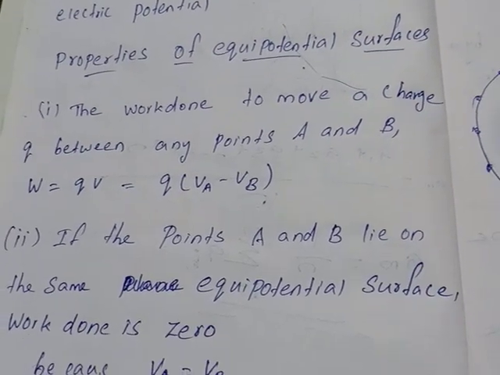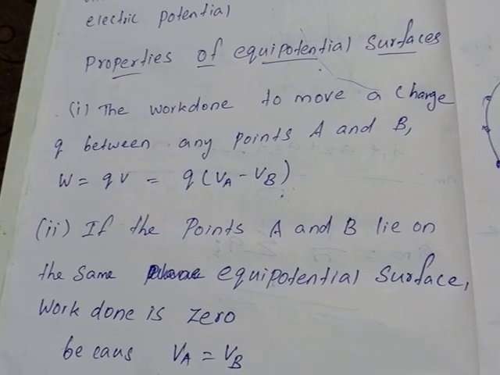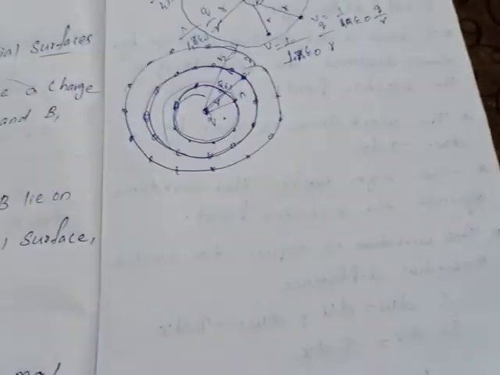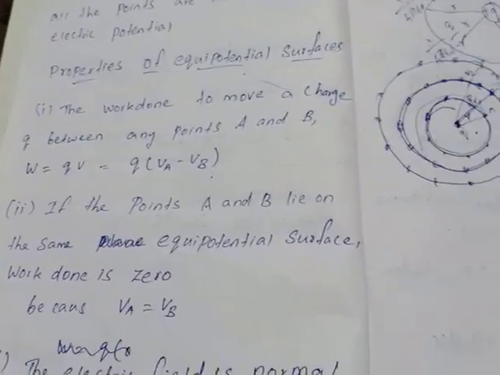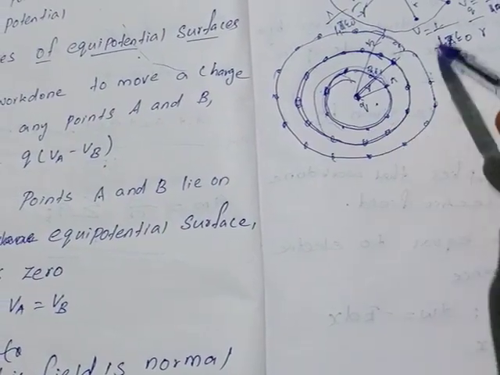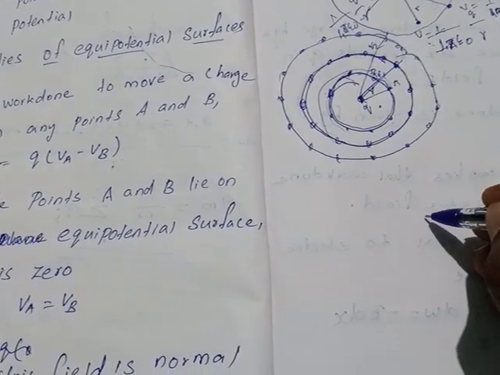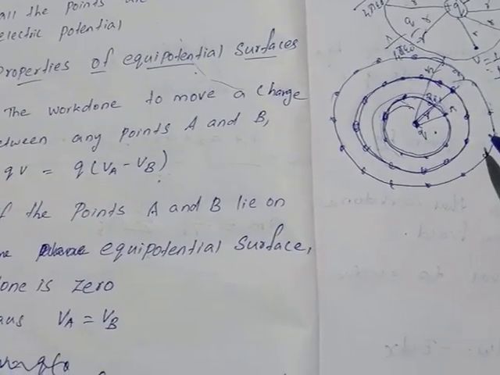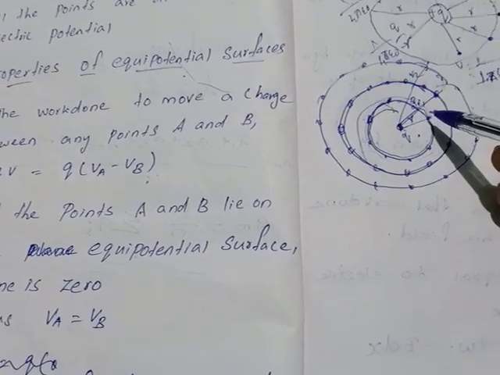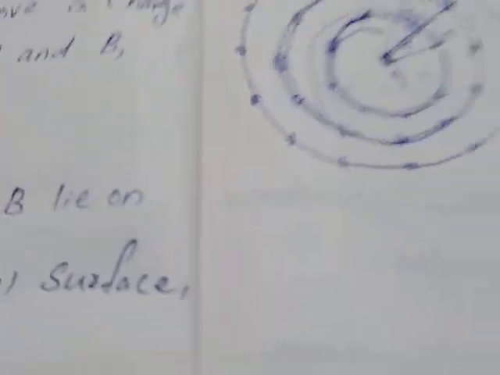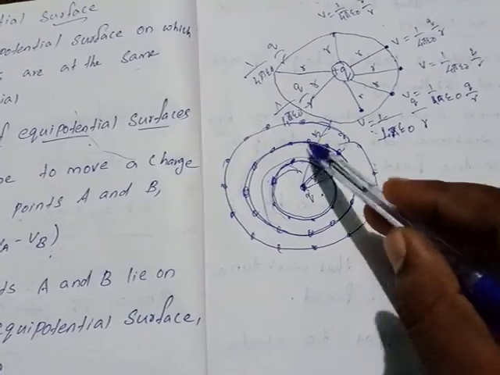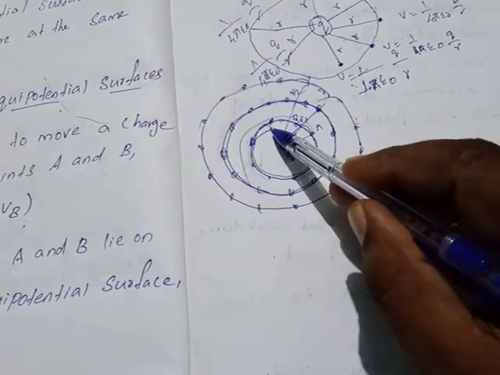Now let us go through the properties of this equipotential surface. Assume that equipotential surfaces like these are there, and on this surface you are moving a charge between any 2 points on the equipotential surface.